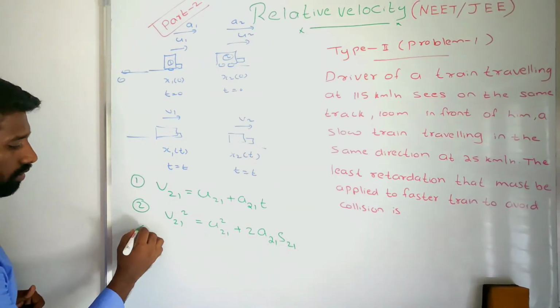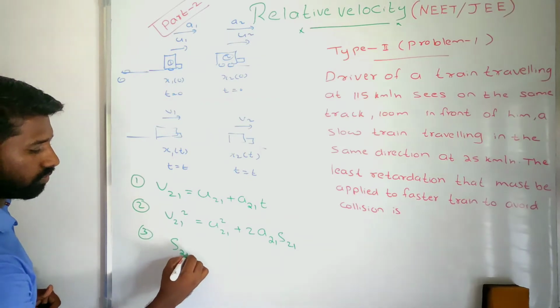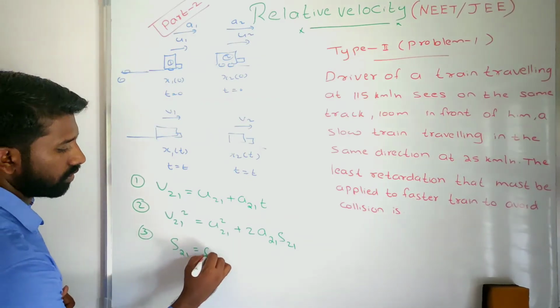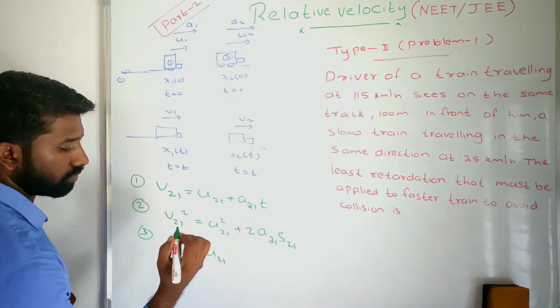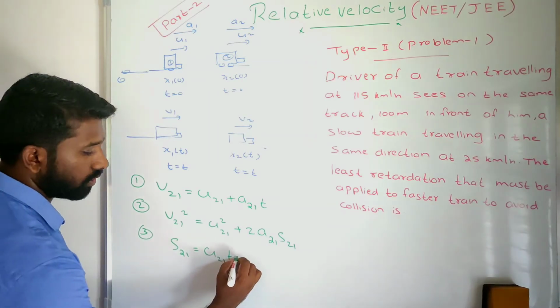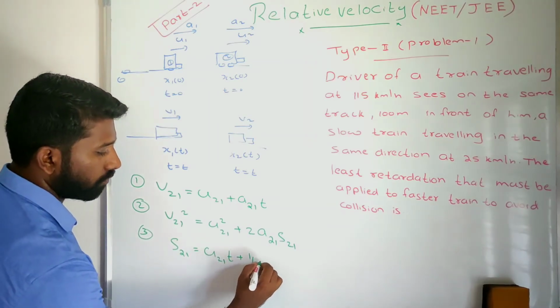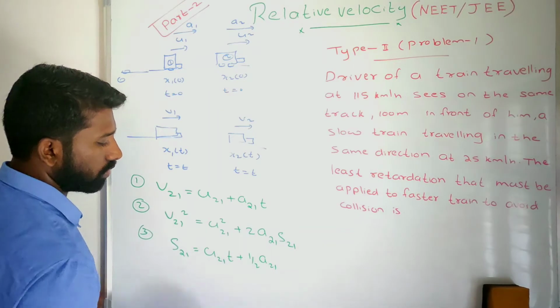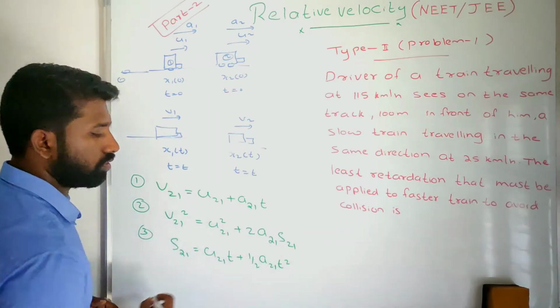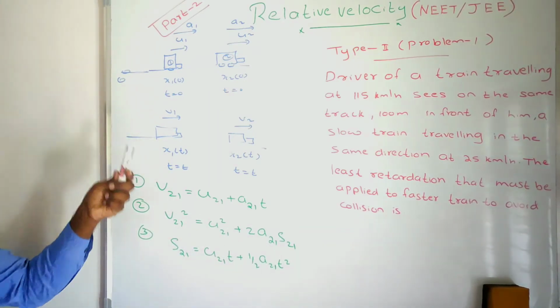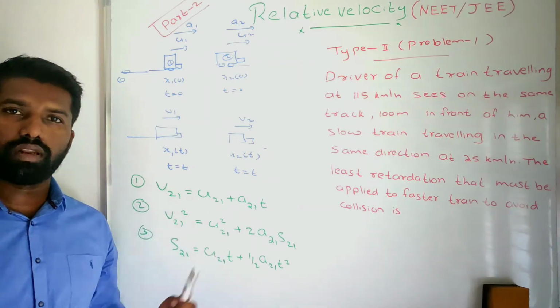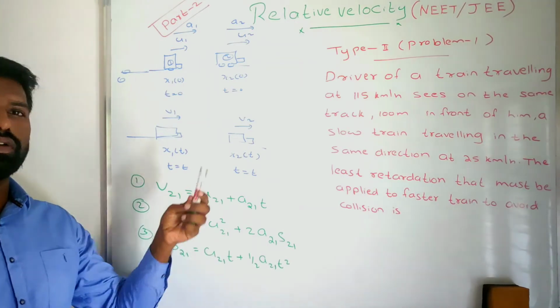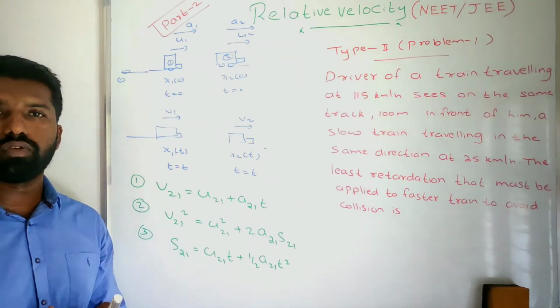Then the third motion equation: the relative displacement is equal to the relative initial velocity into t plus half into relative acceleration into t squared. Okay, these three motion equations we can apply and find solutions to the problems.